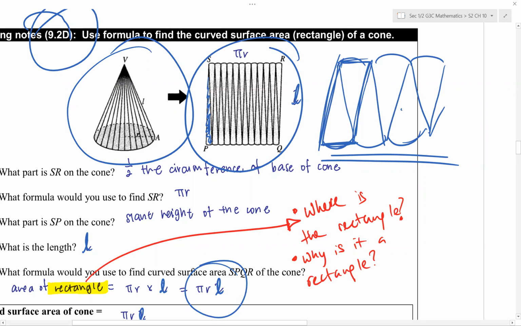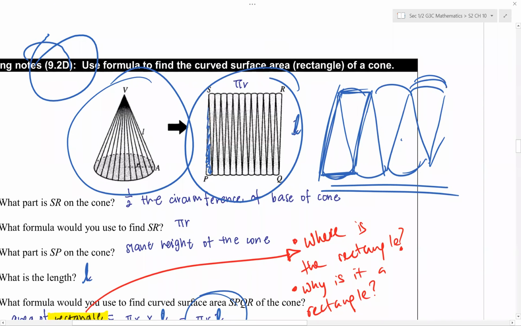The more strips you create, the more you cut, the more it becomes like the triangle that Samuel is saying. Because the more you cut, the shorter this distance is going to become. It is going to look less and less like a curve until it is so narrow, it is almost like a straight line. That happens when you cut into many, many strips.